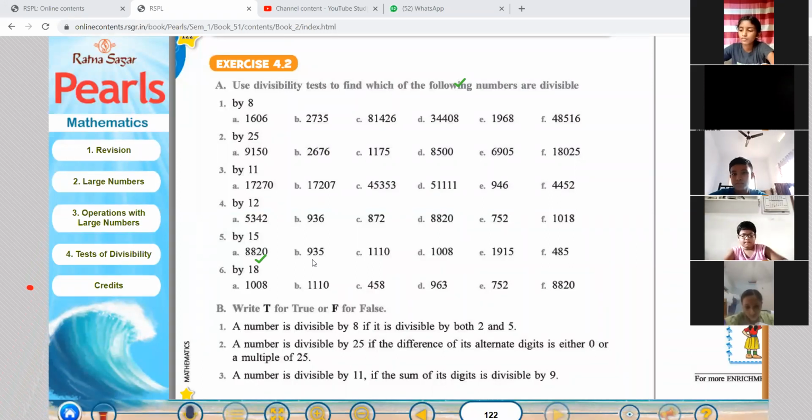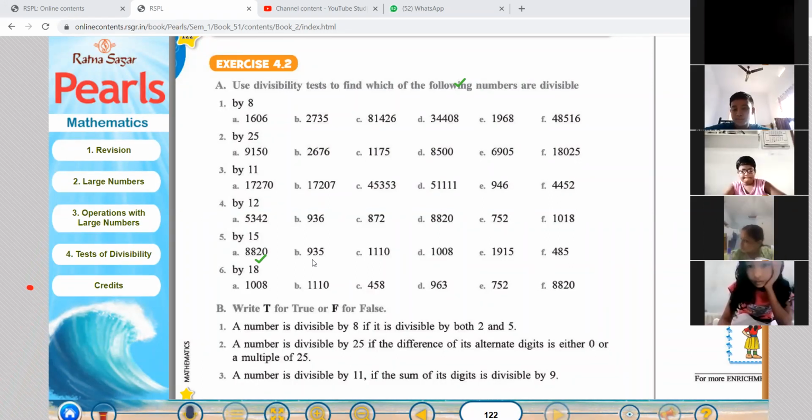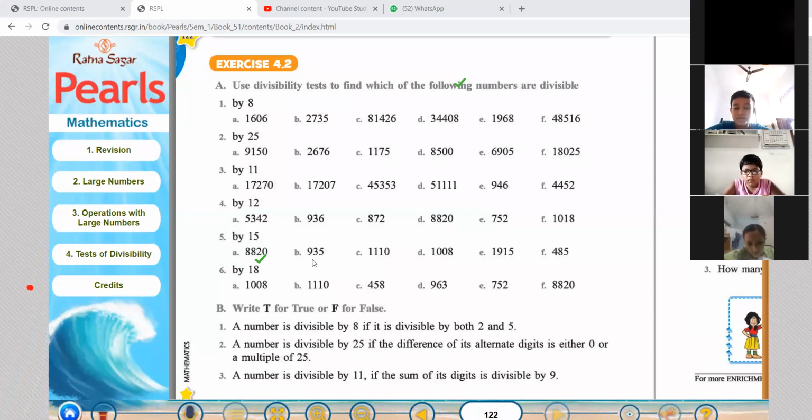We know that for checking the divisibility by 3, we have to find the sum of its digits. What is the sum of its digits? 9 plus 3 plus 5. How much is it? 17.